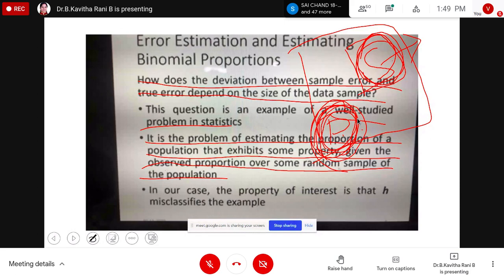In our case, the property of interest is that H misclassifies the example. So H is giving a prediction error, which we have observed here.